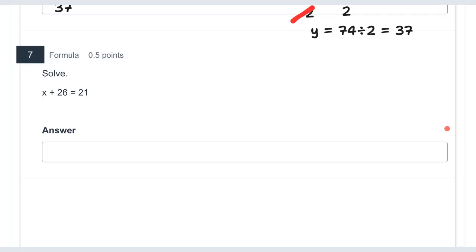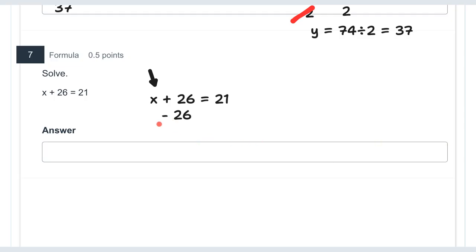Number 7 here, I have x plus 26 is equal to 21. I want to get the x by itself here. So to get that x by itself, to undo the plus 26, I have to do a minus 26.